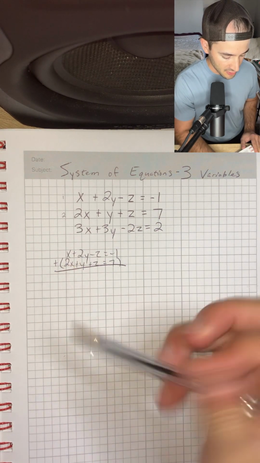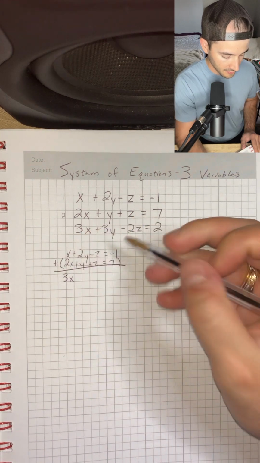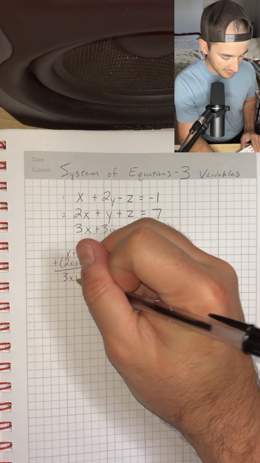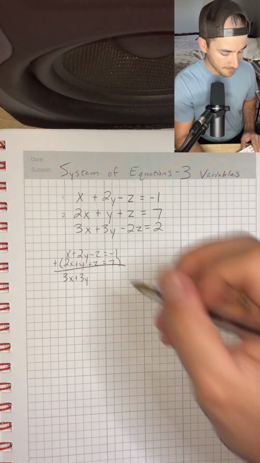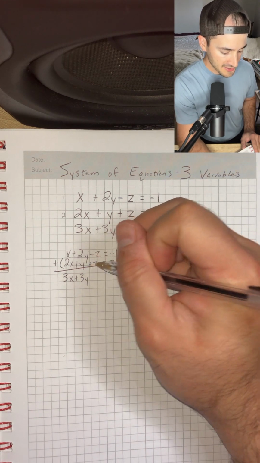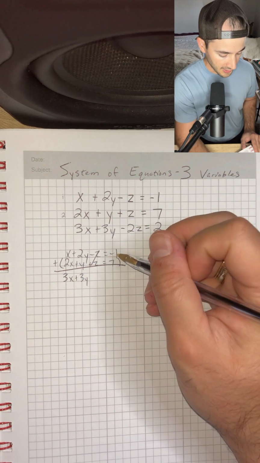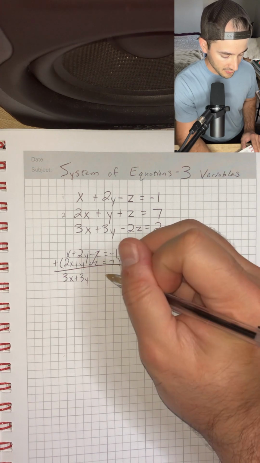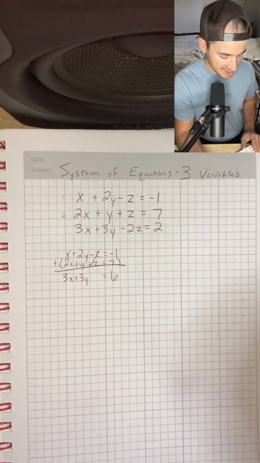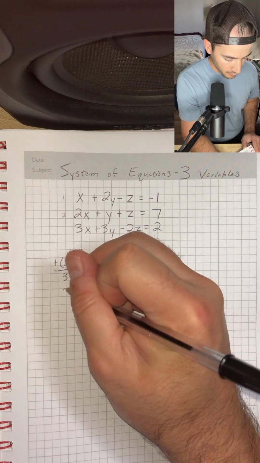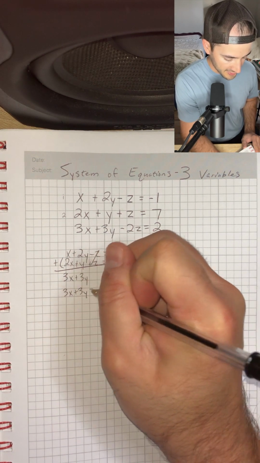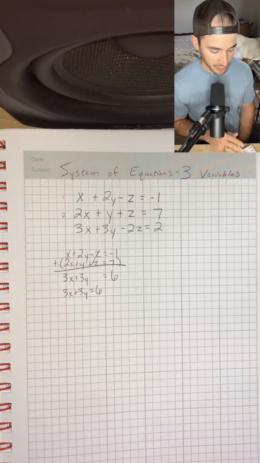So x plus 2x is 3x, 2y plus y is 3y, and then negative z and positive z just cancel, and then negative 1 and 7 add to give us positive 6. So now we have the equation 3x plus 3y is equal to 6. So we're going to come back to that.